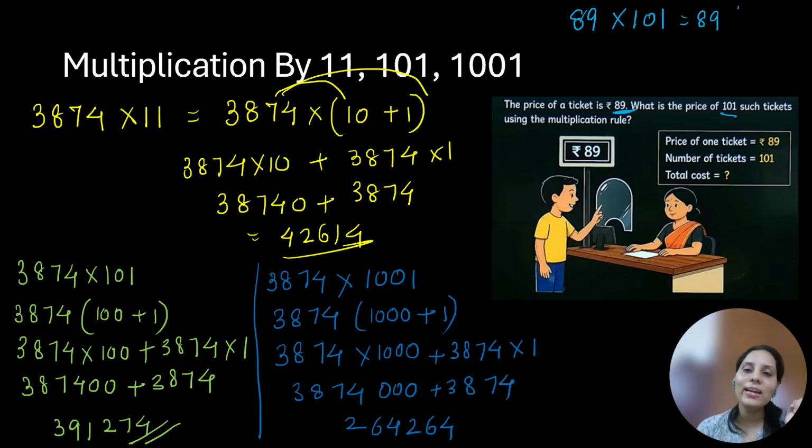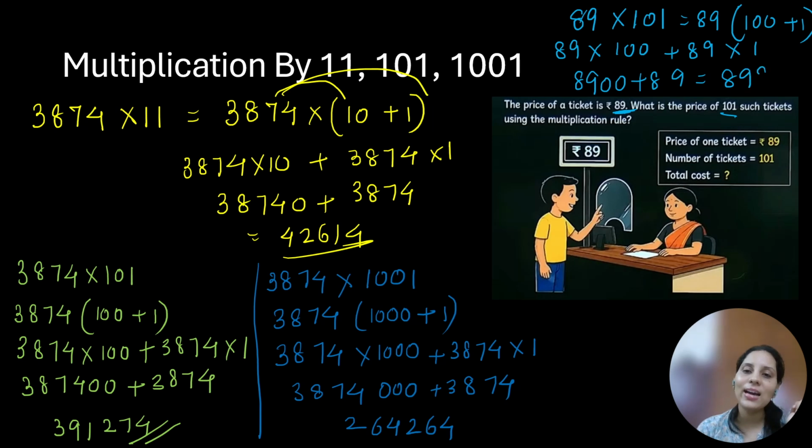Same, I can write 89 into 100 plus 1. So 89 into 100 plus 89 into 1. 8900 plus 89 will give me 8989 rupees. So easy. So rather than doing 89 multiplied by 101, you can also do it this way.